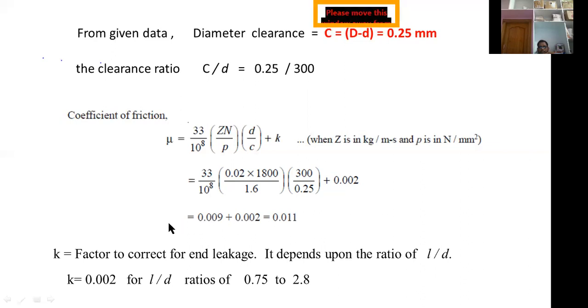The final answer is mu equal to 0.011. So finally we got the answer for coefficient of friction, 0.011. There are no units for coefficient of friction. We have already discussed coefficient of friction in previous classes.